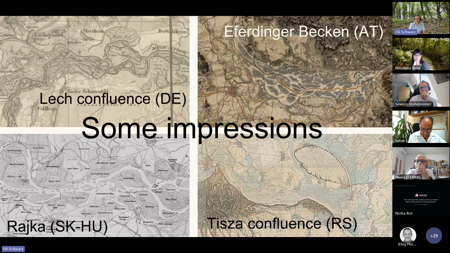And this Efferdinger Becken, upstream of Linz, is, let's say, somehow the first compartment of floodplain situation in the river Danube, where most of the sediment, mainly coarse gravel, is deposited. And this is from the first military survey in Austria. Of course, Severin explained all the strong limitations.